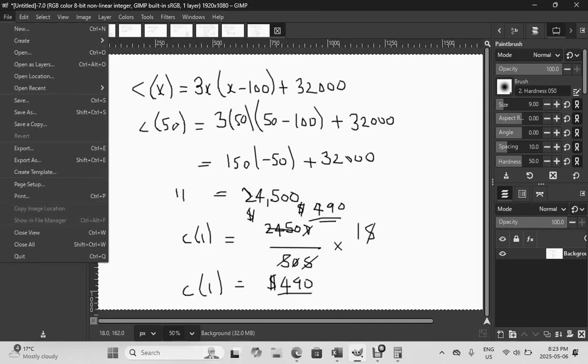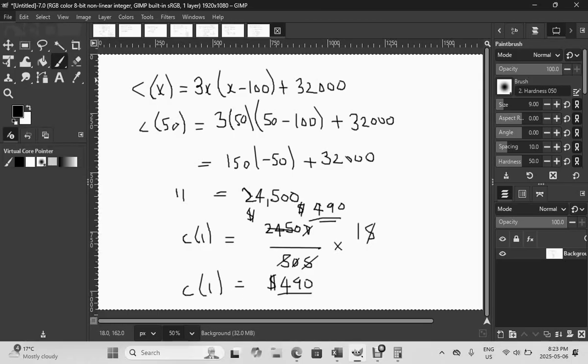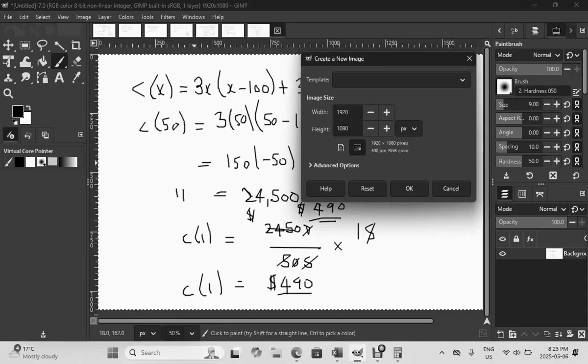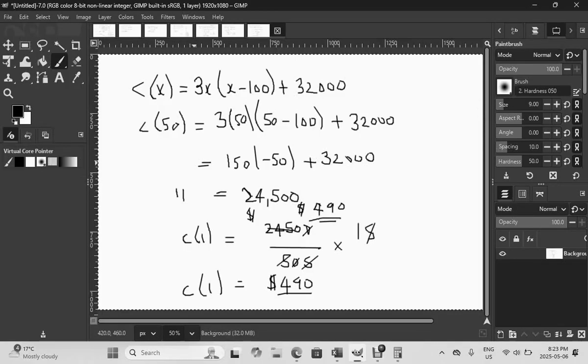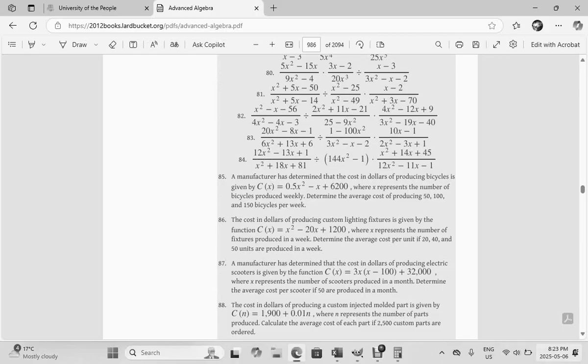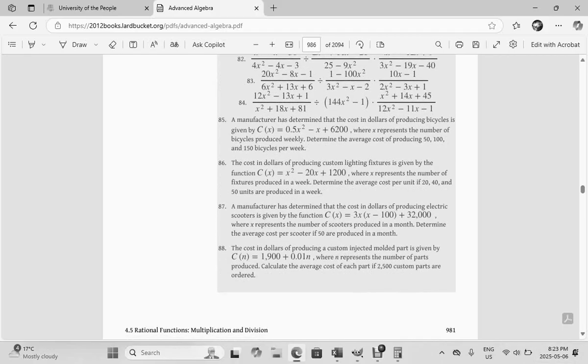All right, let's move on to the next one. The cost in dollars of producing a custom injection molded part is given by C(N) = 1,900 + 0.01N, where N represents the number of parts produced. Figure out the average cost of each part if 2,500 custom parts are ordered.